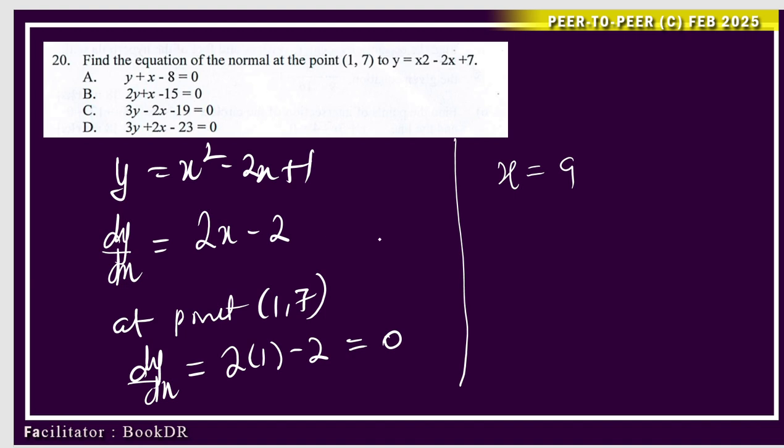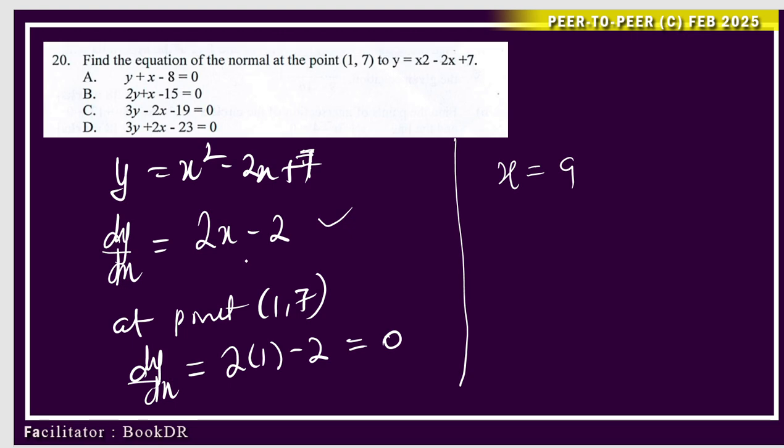But let's quickly glance through the calculations again. X squared minus 2x plus 7. So we have x squared minus 2x plus 7. Okay, I wrote 1 here, but that will not affect our calculation. So the dy dx is 2x minus 2. So the gradient function is also correct.